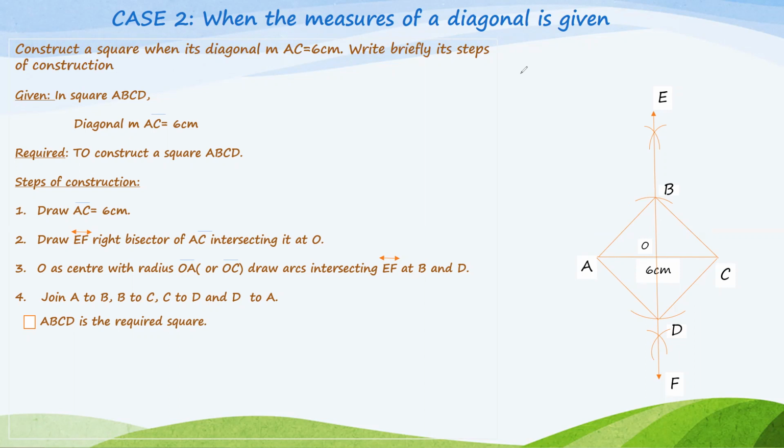Is it clear, students? So in this way, we can draw the square when the measure of a diagonal is given, and case number 1 is when the measure of its sides is given. Is it clear?